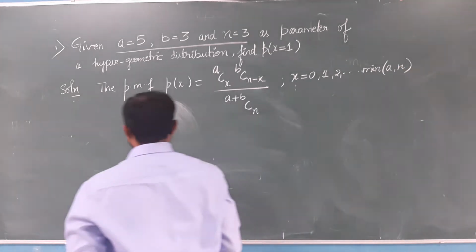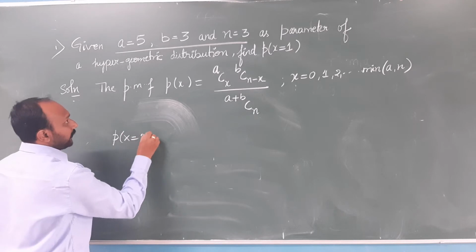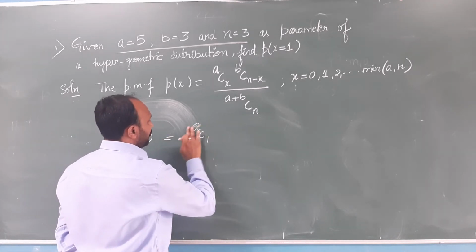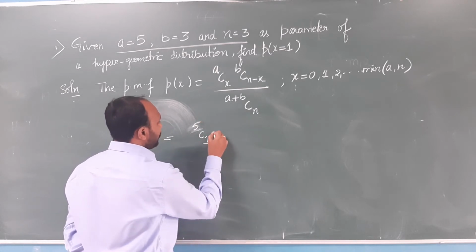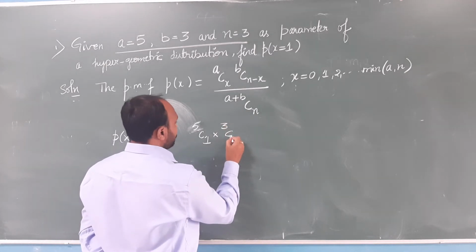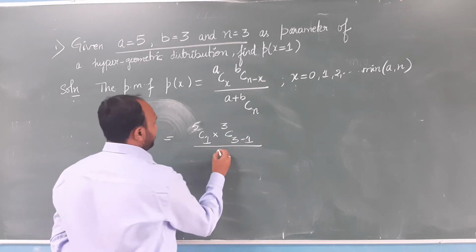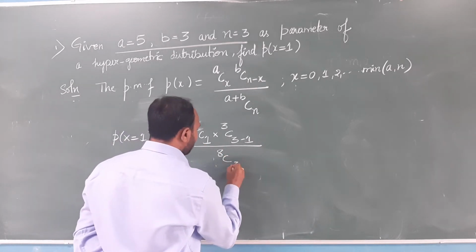We need to find the probability of x taking the value 1. So A value is 5, 5C1 into B value is 3, 3C(3−1), divided by 5 plus 3 is 8, C n value is 3.